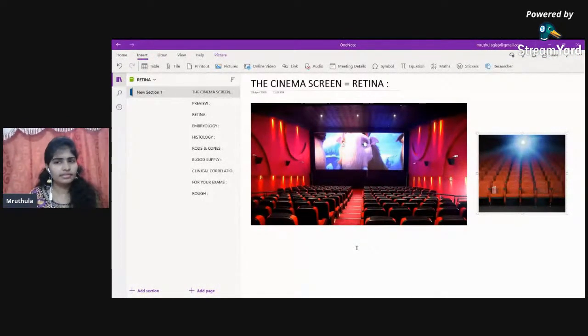Like in childhood days, we would not know how it's happening. It will be a wonder for us, but in the time being, we would have understood that there's a projector at the back of the theater, and that's what is projecting the light on the screen, and that's how the picture is created, right? So the same thing is happening in the eye.